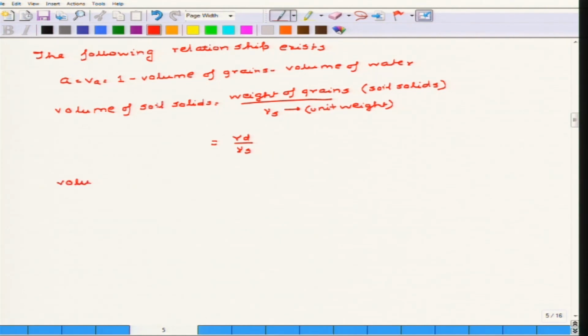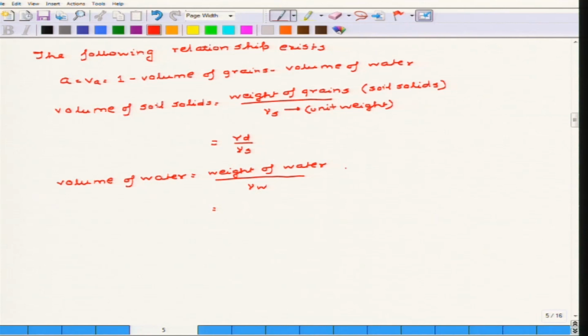Similarly, the volume of water can be written as weight of water by gamma w. Here the same thing applies, the unit weight of water is equivalent to the weight by volume. So basically the volume of water is equal to weight by the unit weight of water.